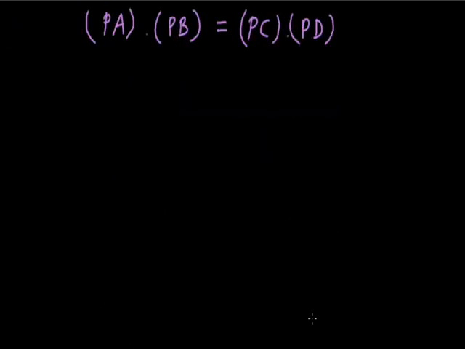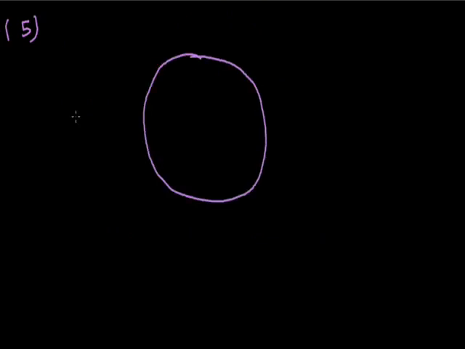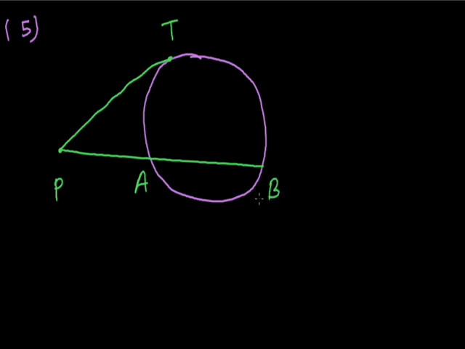Now similar situation is possible like this. If we have a circle and a point exterior to it, P. From P we are drawing a tangent that is intersecting the circle at, let's say, T. And from P I am drawing a secant PAB.